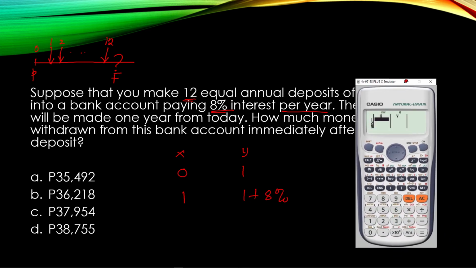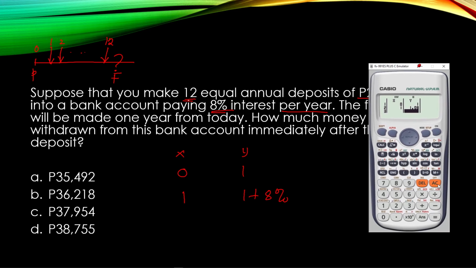Mode 3, 6. 0, 1, tapos 1, 1 plus 8%. After that, press AC. Then, follow natin yung P is equal to A times the summation of B raised to the power of negative X.